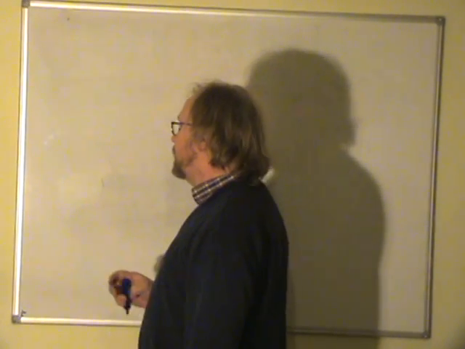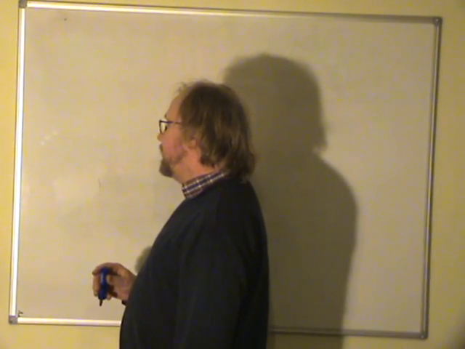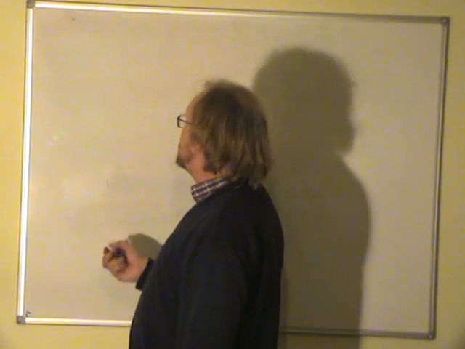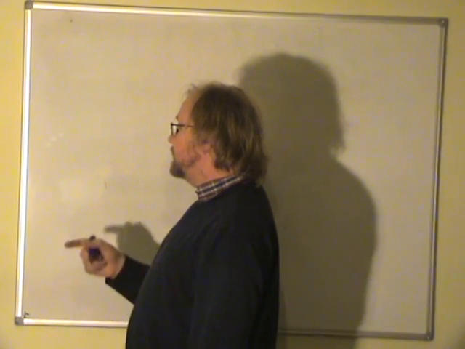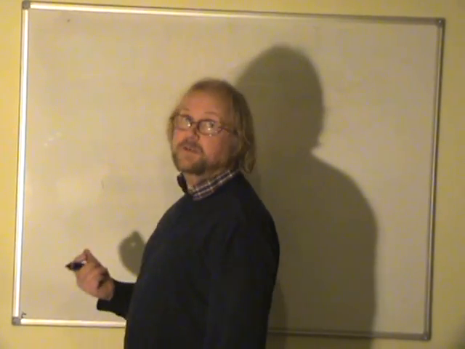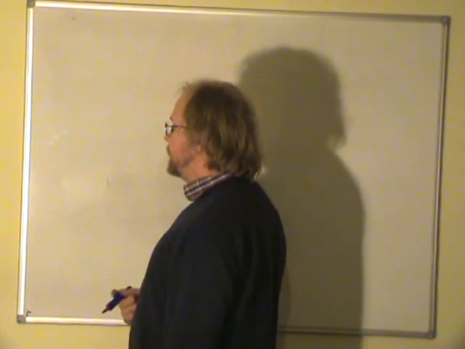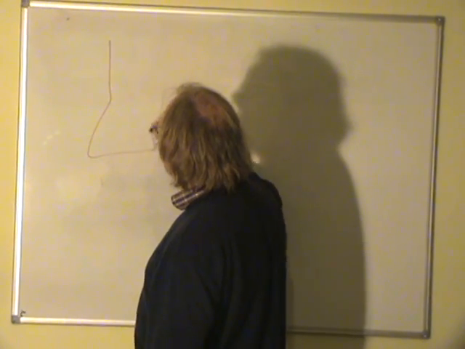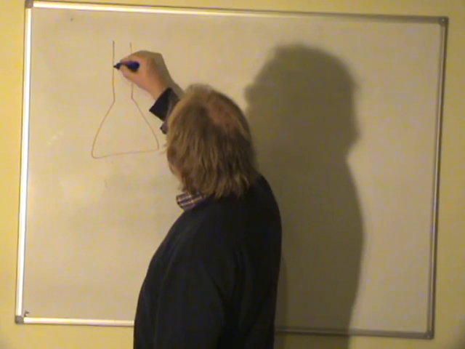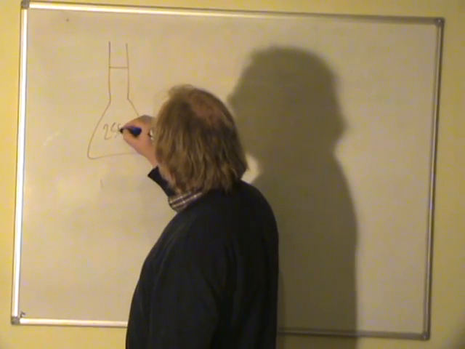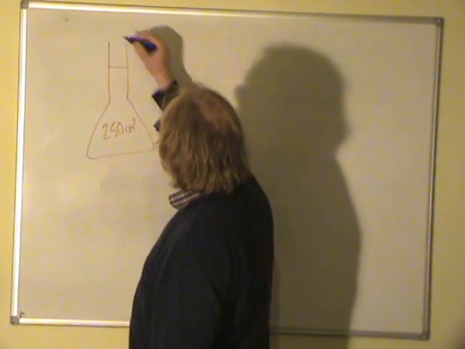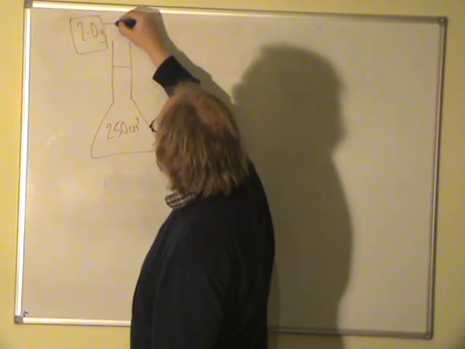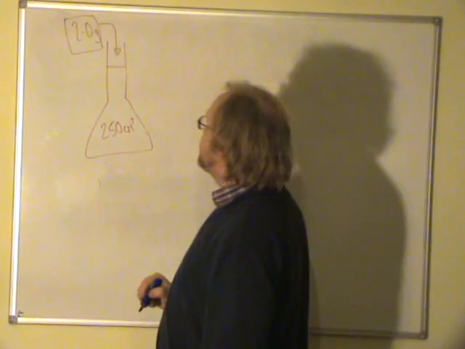It says, first of all, that he took 2 grams of this caustic soda material and dissolved it to make a solution with a volume of 250 cm cubed. So in the starting point we've got a flask with 250 cm cubed volume of solution formed from your 2.0 grams of solid going into there.